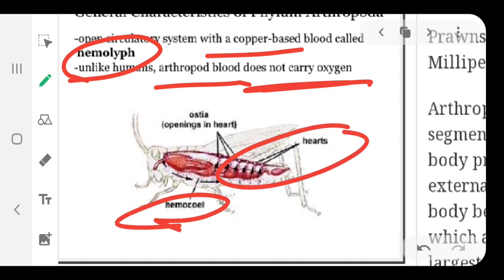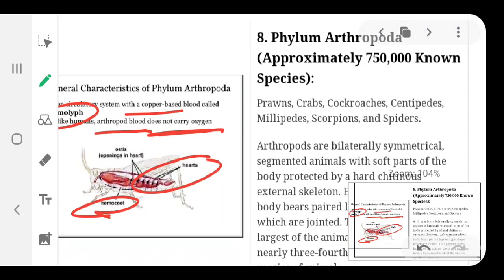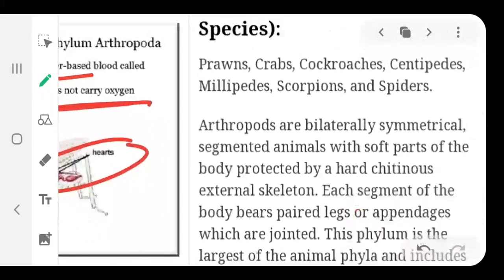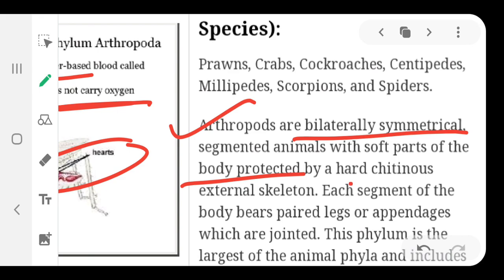Okay, the hemocoel is the blood cavity I have just told you about. We read about that in the higher classes when you take these animals in your subject matter. Underline some data that will add to your understanding. They have a bilaterally symmetrical body. Then underline the new words: hard body protected by hard chitinous covering.